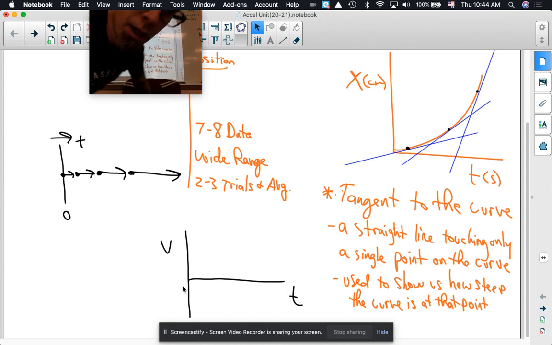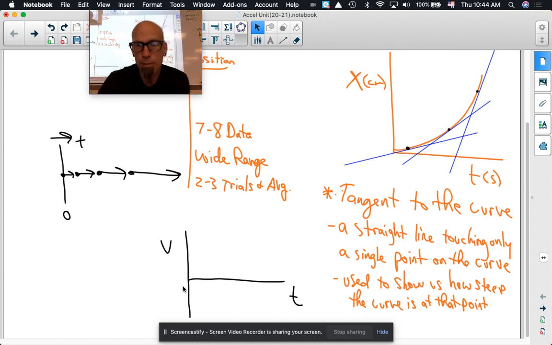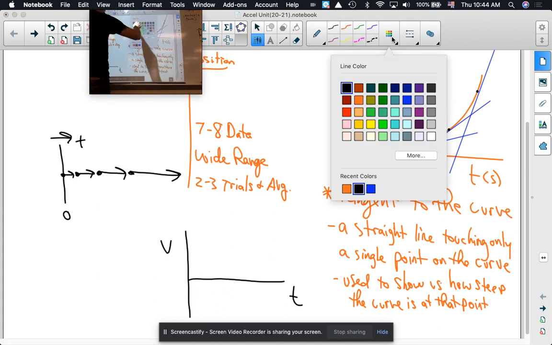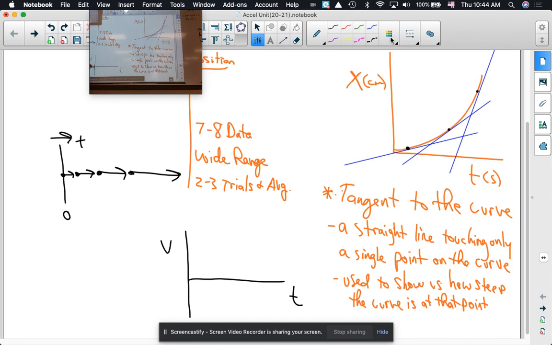Now, how much velocity did it have at the beginning? Well, it started from rest, from not moving, which means how much velocity? None, 0. So it starts with no velocity, because remember, that's 0 velocity. Those are positive. That's negative.